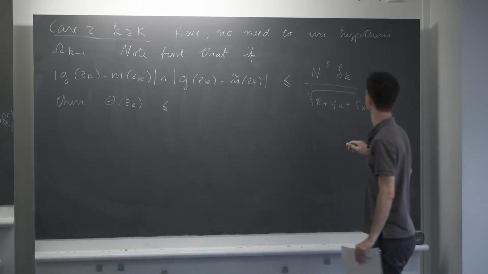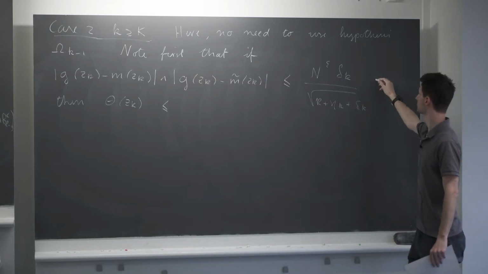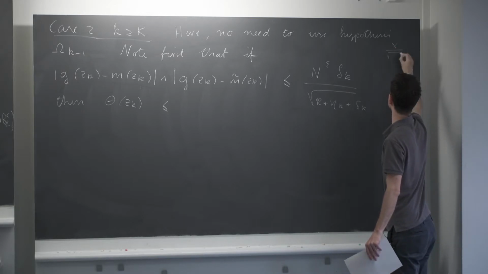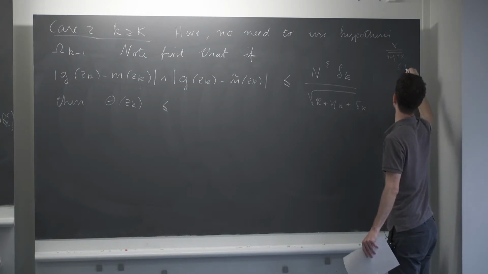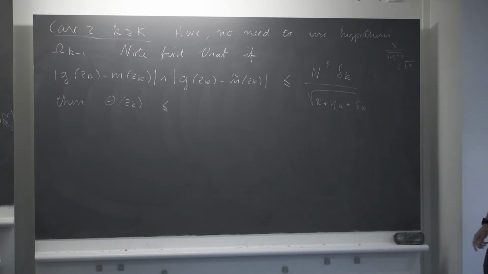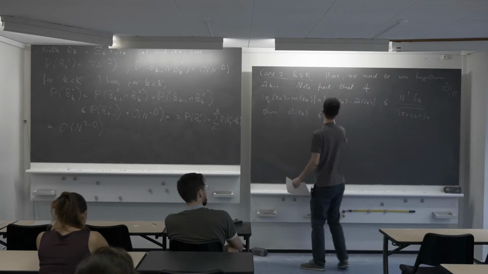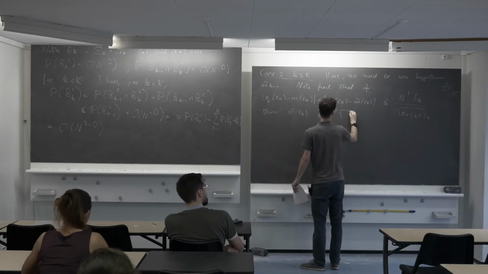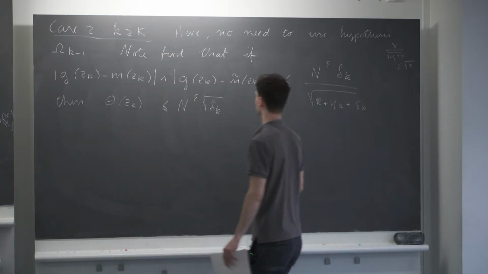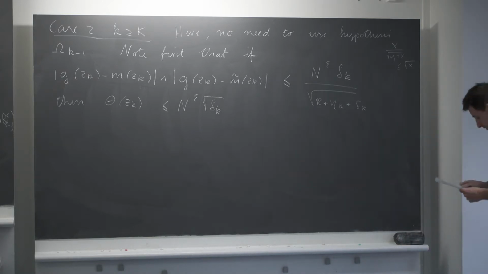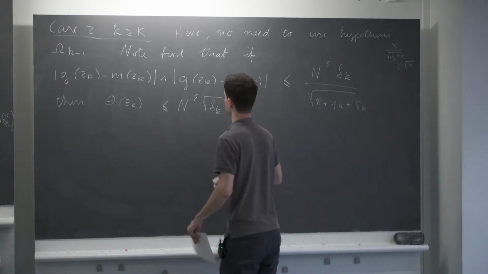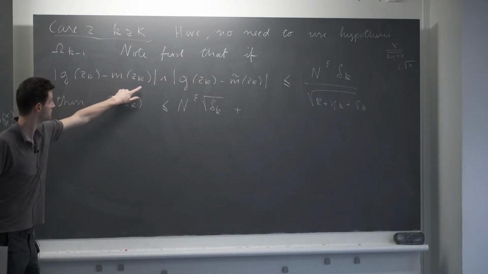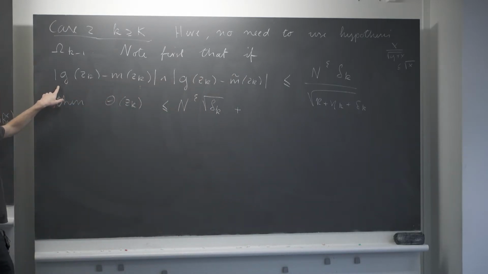Well, first of all, I can simplify this. This is certainly true: x plus y plus x is bounded by square root of x. If you just forget about the y, if you set y to be 0, then you certainly obtain an upper bound. So I can say that this right-hand side is bounded by square root of delta_k times n to the epsilon, and then, of course, this is true if it's the first term that is minimizing this minimum.